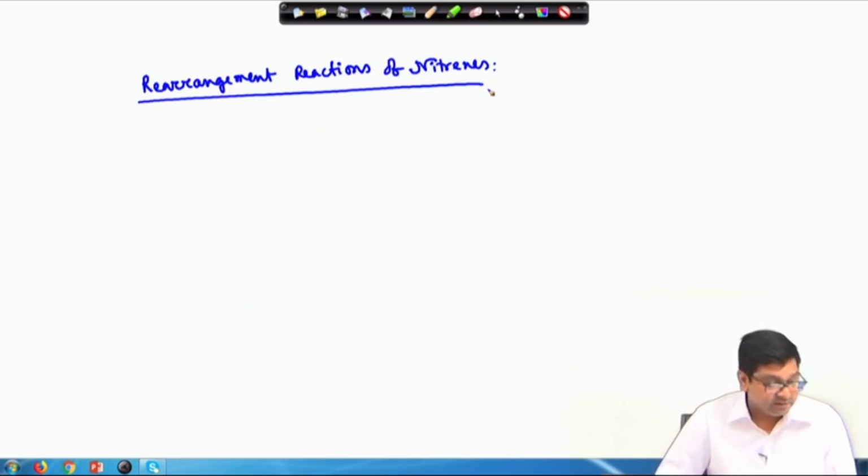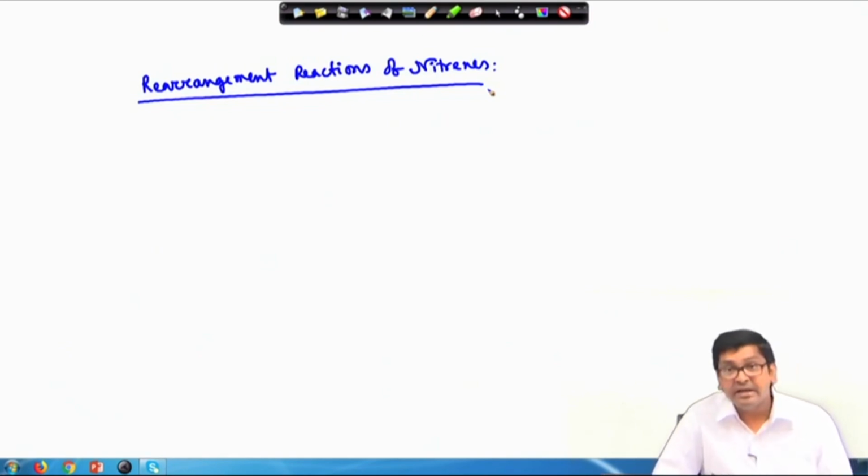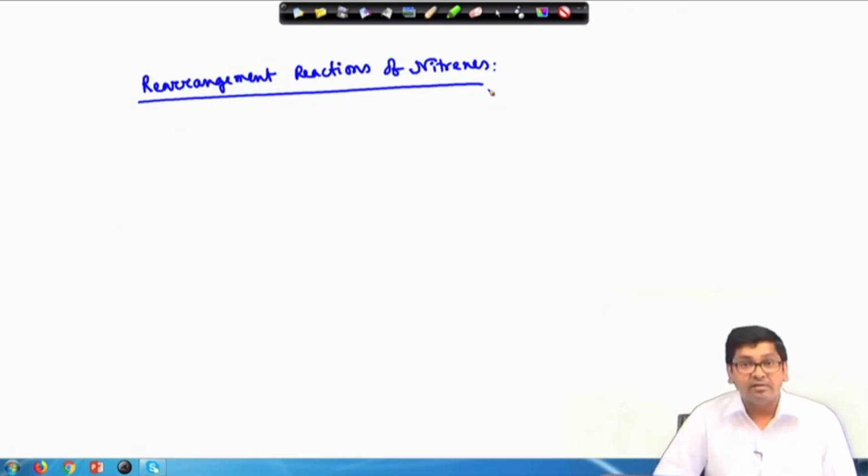That means there is a 1,2 shift of an atom or group from the adjacent carbon to the electron deficient nitrogen center, and that is quite similar to carbenes. In this way these rearrangements happen.